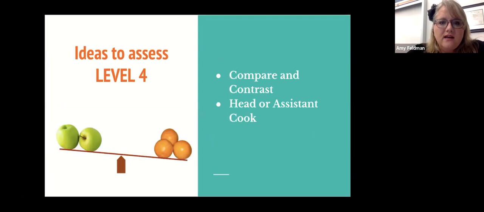Level 4 is your higher level, your advanced. So this is your compare and contrast. This is, what are you doing outside of the learning to create something that shows that you understand what we learned in level 2 and level 3.